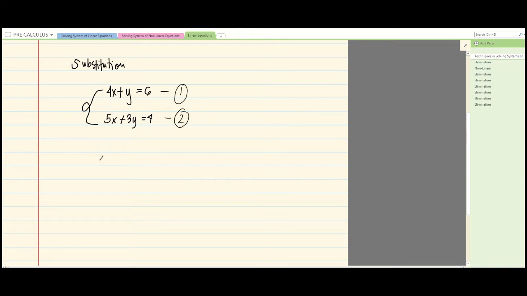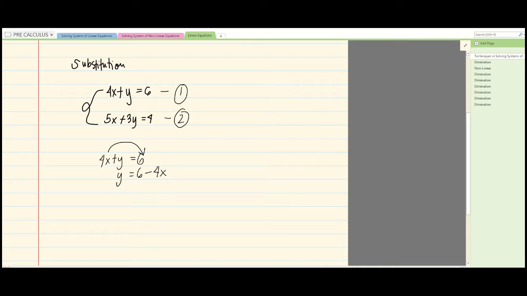We copy equation 1, 4x plus y equals 6, and then we solve for y. So y equals 6, we transfer 4x so it becomes minus 4x.